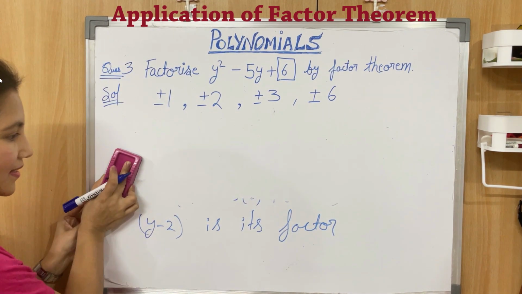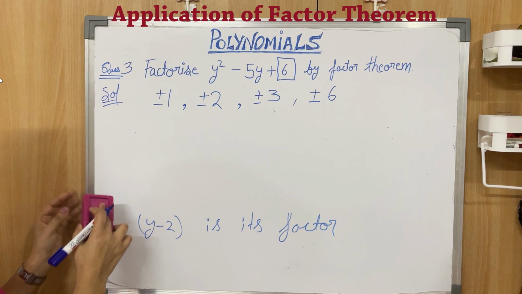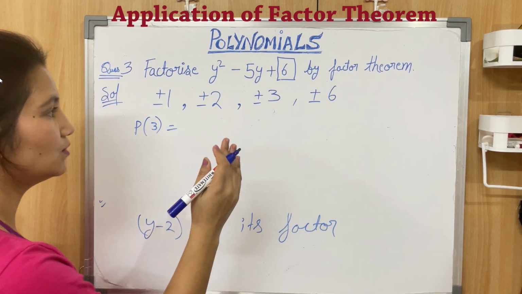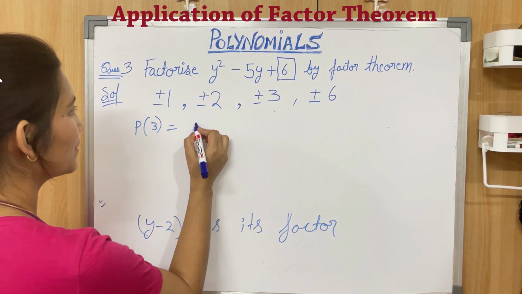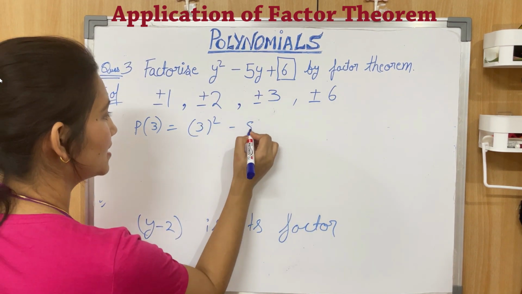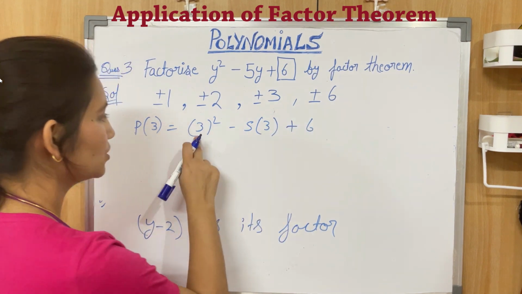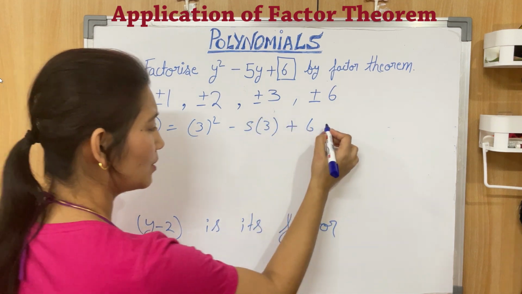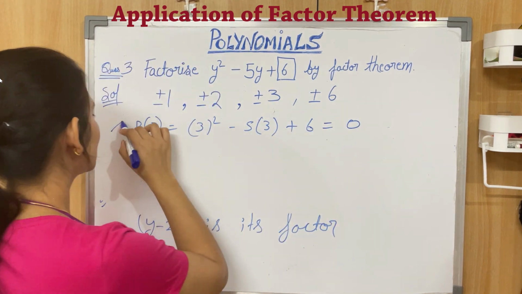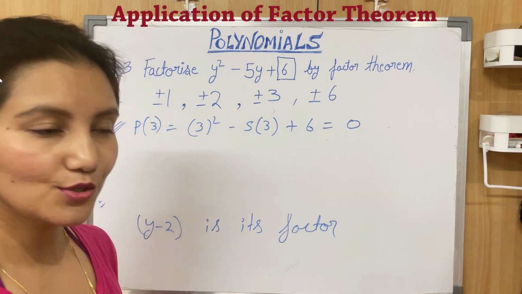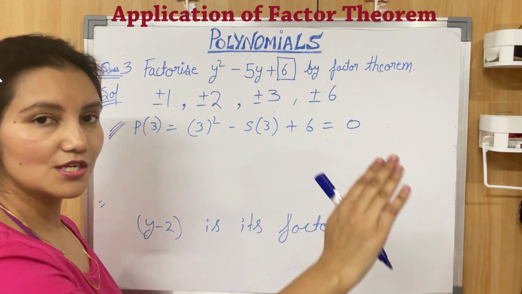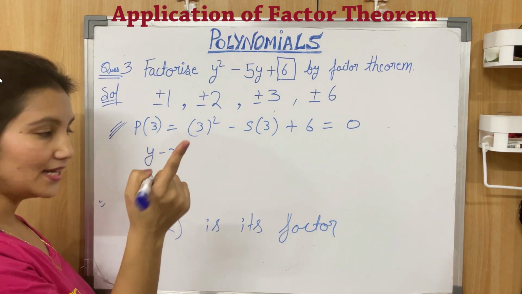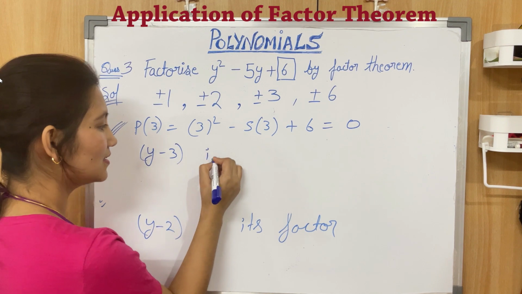Wherever there is y, we'll replace it with 3. So 3 square minus 5 into 3 plus 6. So it's 9, 9 plus 6 will be 15, and 3 into 5 is 15. So 15 minus 15 makes it 0. So this is also of use to me, because p of 3 has become 0. It means y minus 3 is a factor.